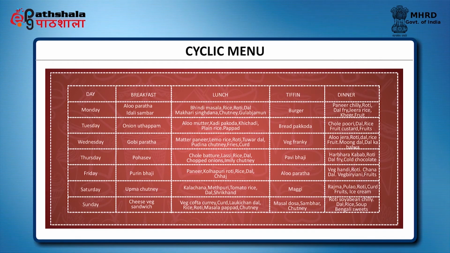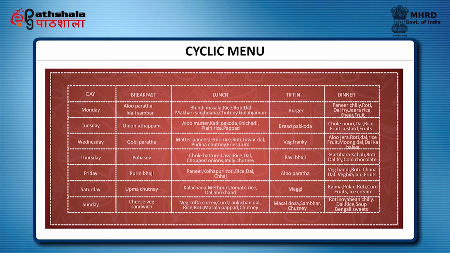Different menu items served every day, either weekly, bi-weekly and repeated at a given interval is a cyclic menu. For example, in a 7-day cyclic menu, every day a different menu will be followed, and on the 8th day, the first day menu will start again.